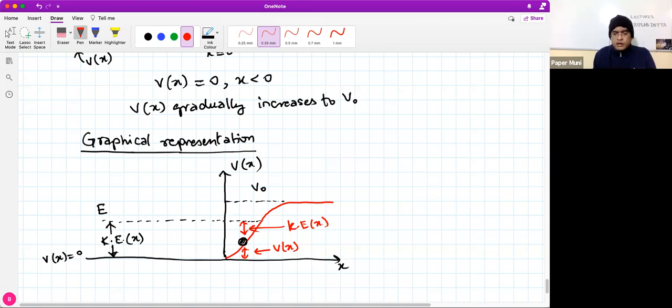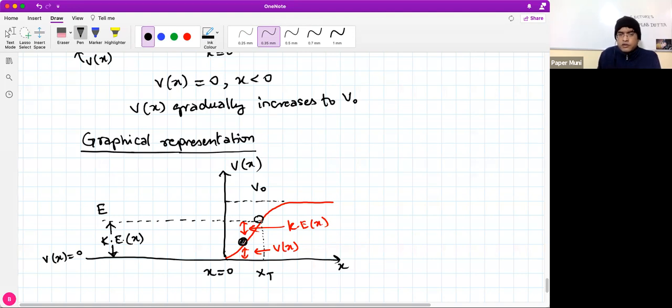Now this part is x equal to 0, and say when it reaches this point, this is x_t. When the ball reaches here, what will be the value of the kinetic energy?